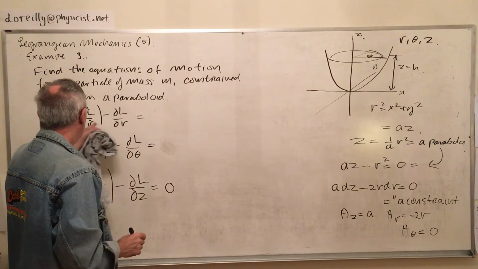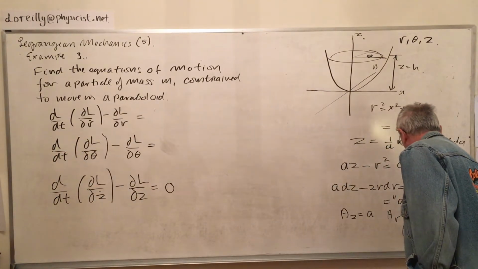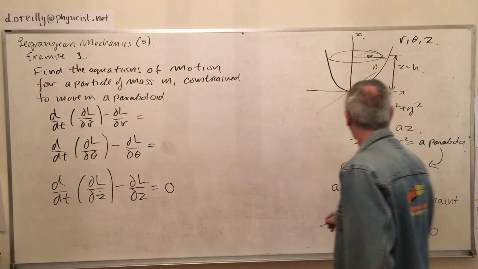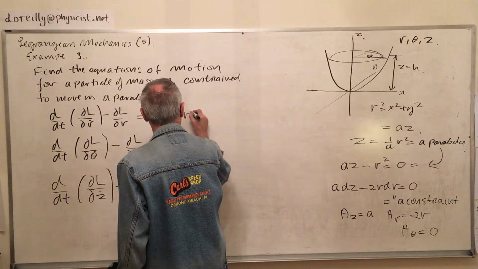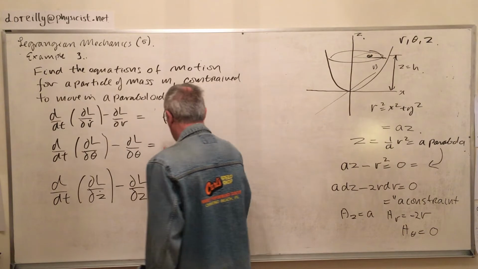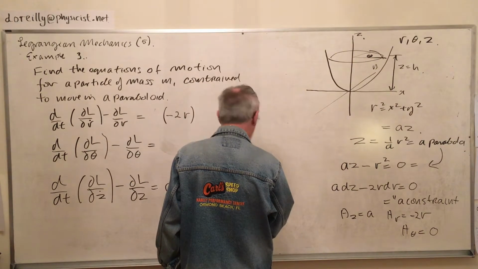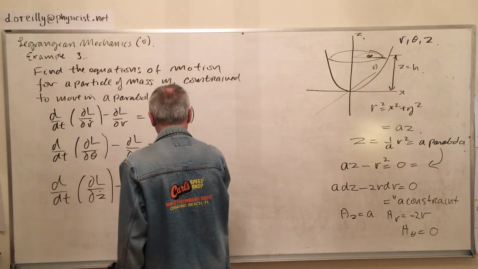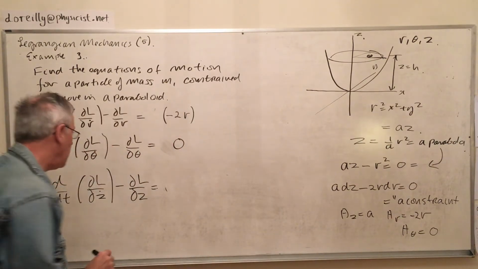However, the r part, there is an A of r, it is negative 2r. And there is an A of theta. What's A of theta? Nothing. Sorry, my mistake. Nothing for theta. There is something for z. A of z is a.